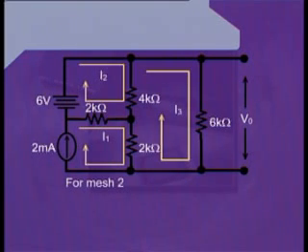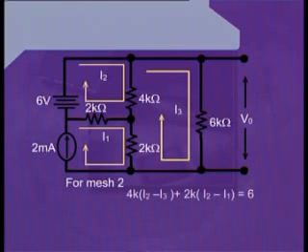For mesh number 2, we start from the top left corner of the mesh, and as we start from there, we move to one edge of the 4 kilo ohm resistance. Now, applying Ohm's law, the voltage drop across this 4 kilo ohm value can be written as 4K into (I2 minus I3).